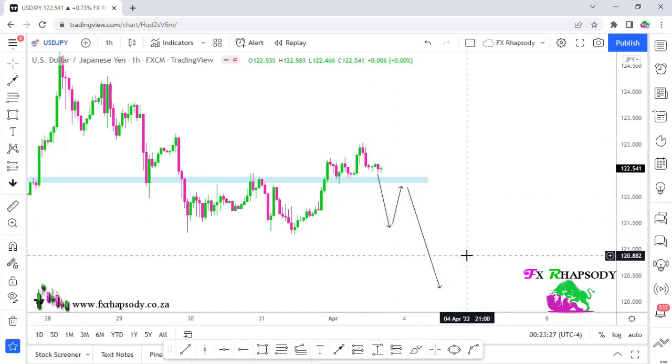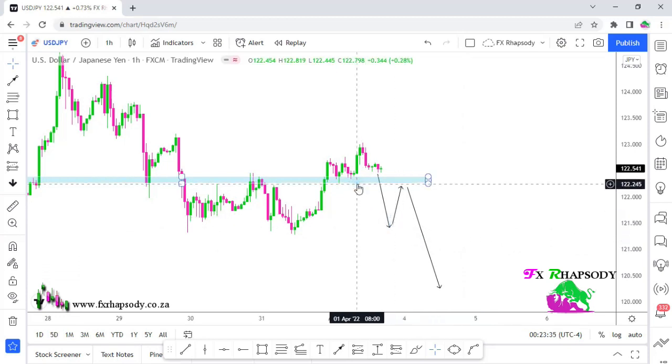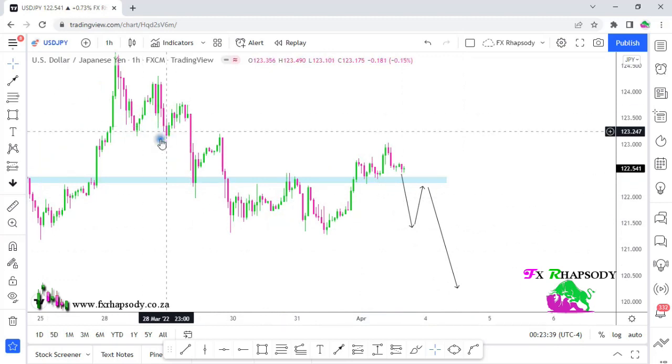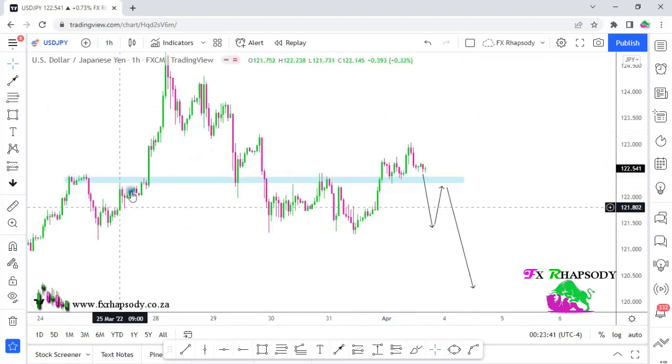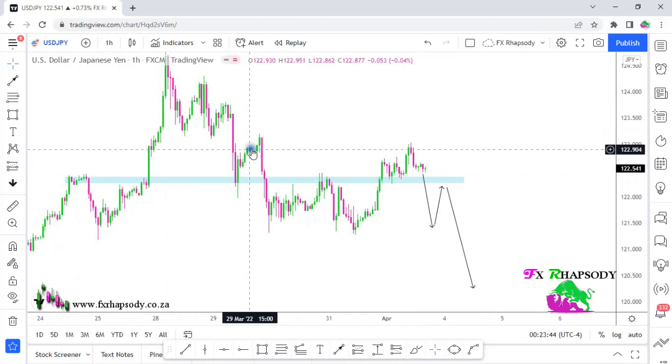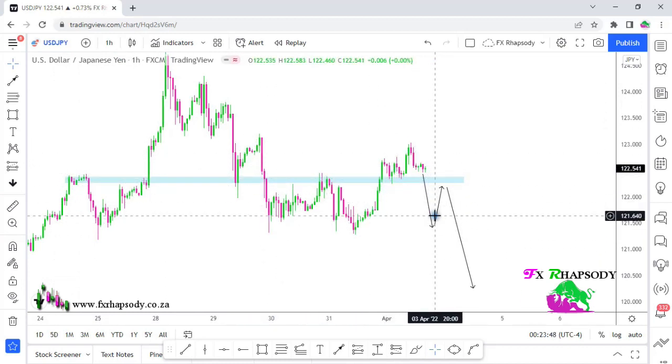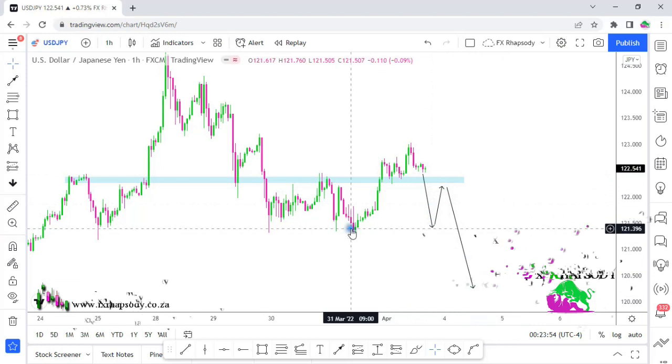If you are not already in the sell, that is going to be your next opportunity, when price breaks this support area, because you can see this was a good support area. It was resistance, broke it, support, broke it, resistance, broke it, support. Now we're waiting for another break to confirm that break, support turning resistance, and then a move to the downside.